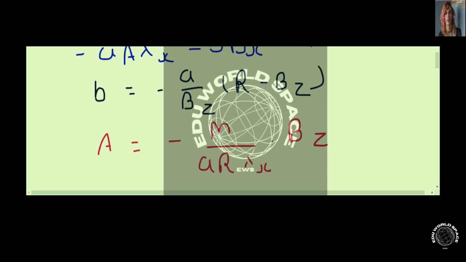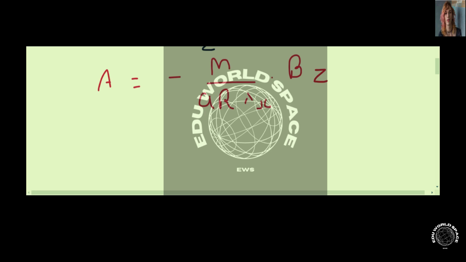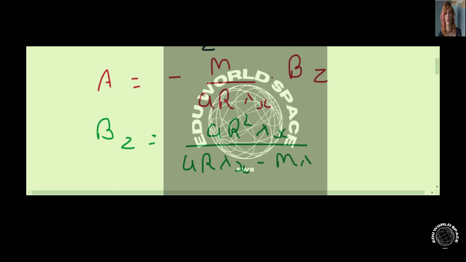Returning this to the first equation, we get Bz is equal to A R squared lambda x upon A R lambda x minus M lambda z. This is the final expression for the z component of FB.